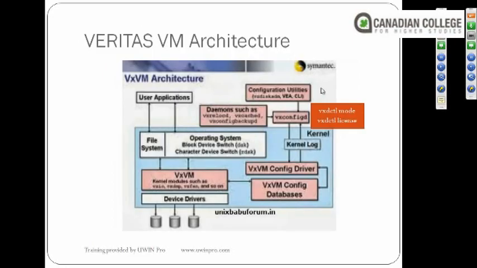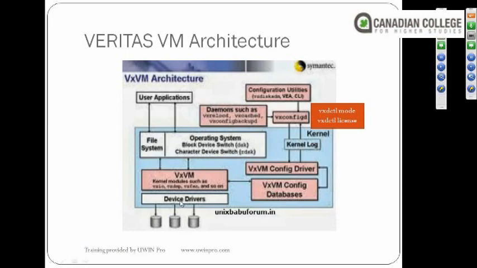If you take the VxVM architecture, it has some daemons. Everything should have daemons, right? Some drivers are there, and a configuration database. I'm doing a lot of configurations, and my information has to be saved somewhere. I'm creating some volumes, and the information about volumes has to be saved in the VxVM configuration database.